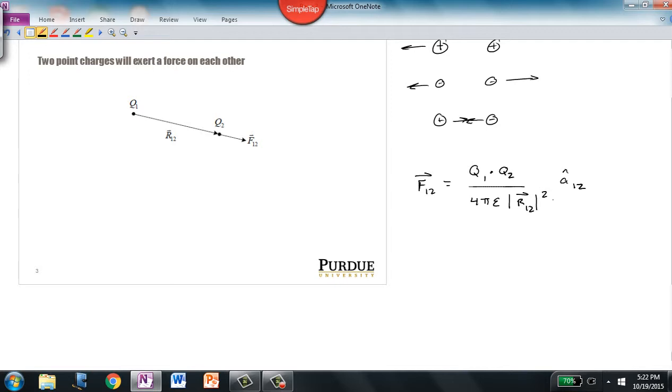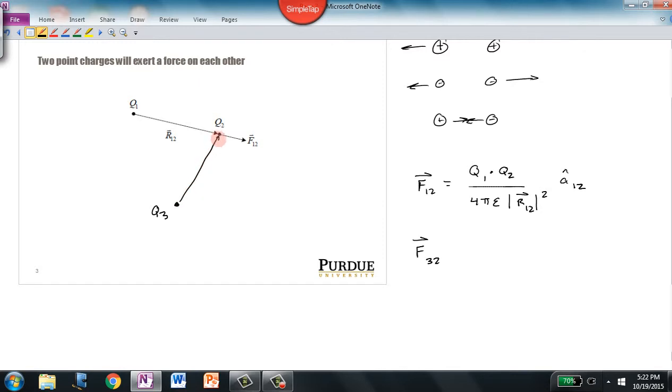Coulomb was also able to show that the force exerted by multiple charges is calculated by the vector addition of the forces from the other two charges, and this is called the principle of superposition. So let's say that Q3 popped up here. Well, what I would do, I would find F32, which is the force acting on particle 2 from 3.